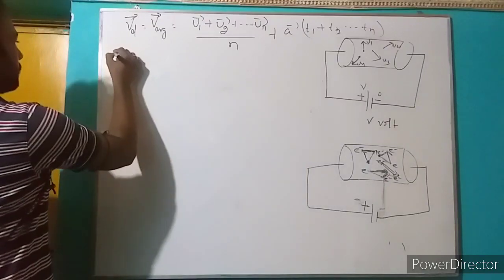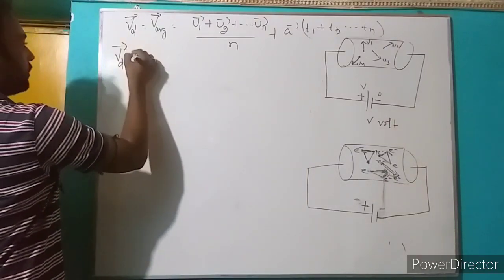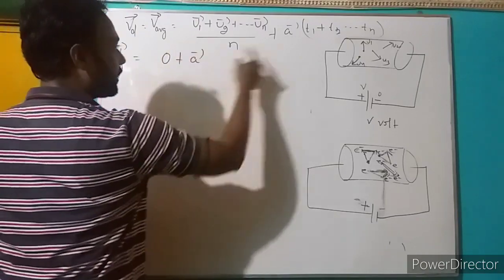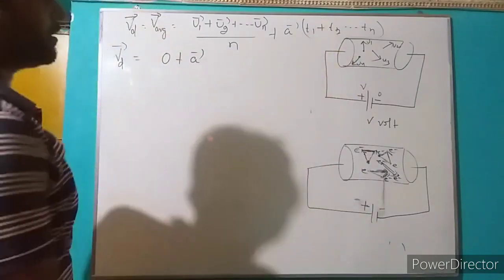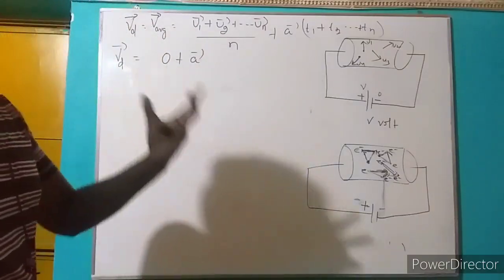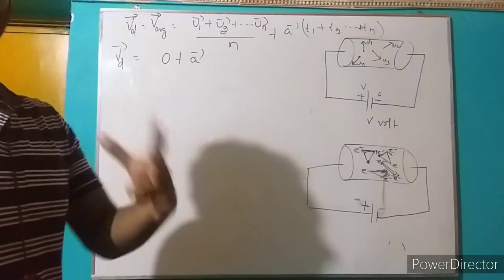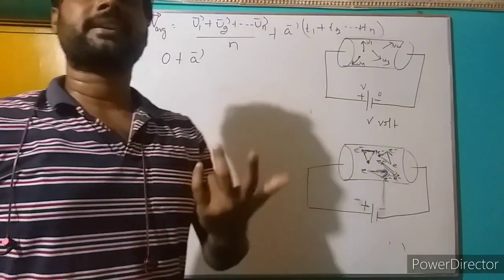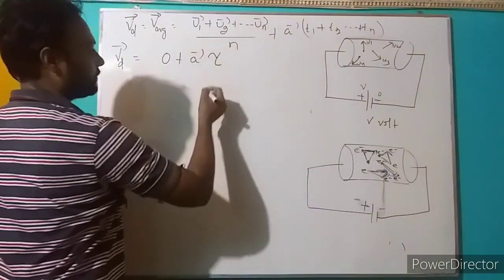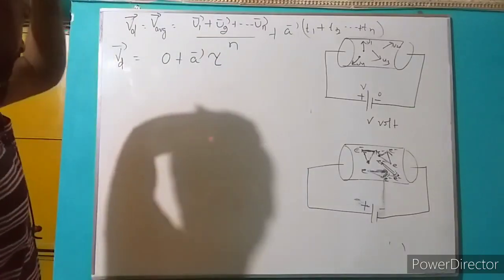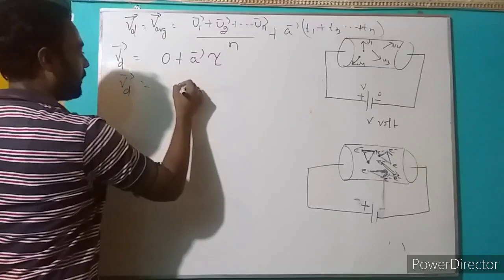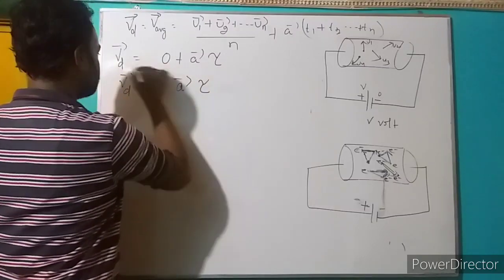So Vd vector equals 0 plus A into T1 plus T2 plus Tn, represented as the net average time. That net average time is called relaxation time, denoted by tau. Here Vd vector equals A vector into tau.